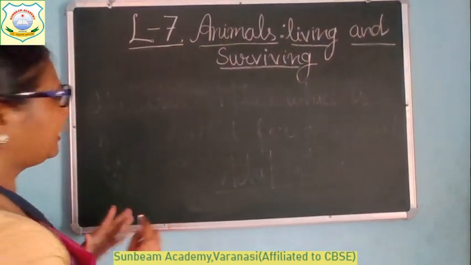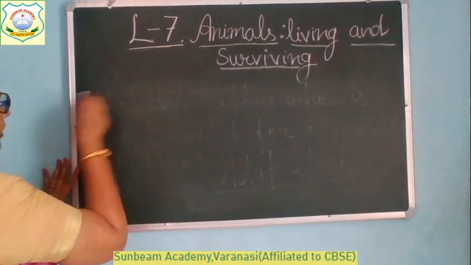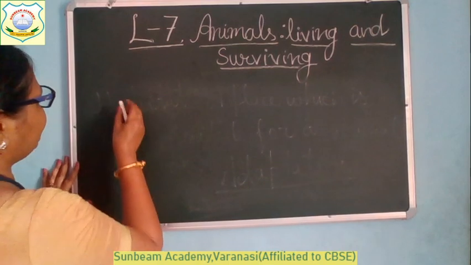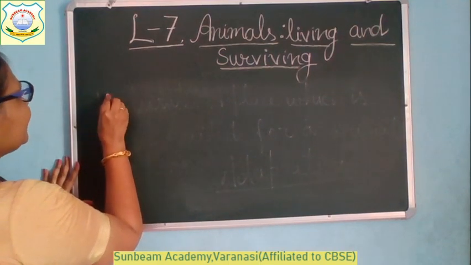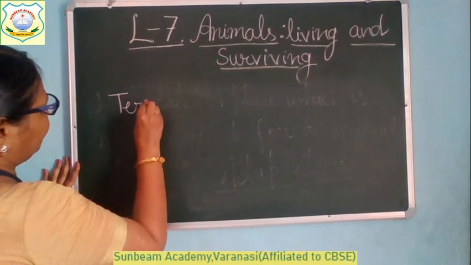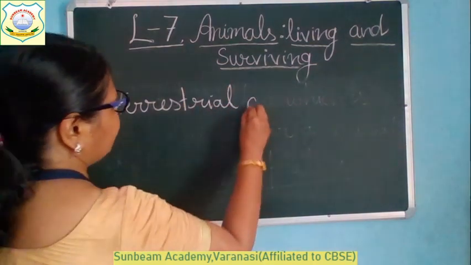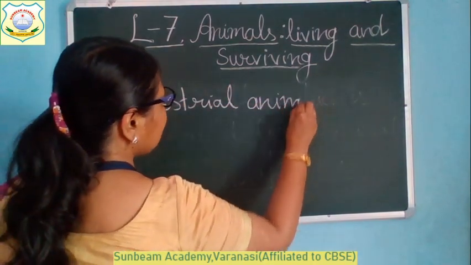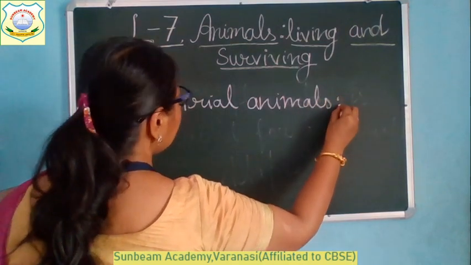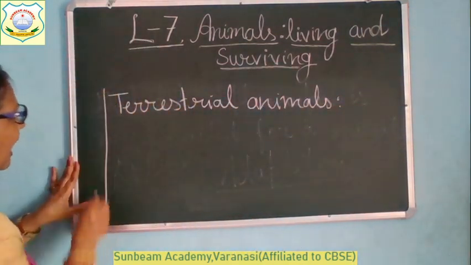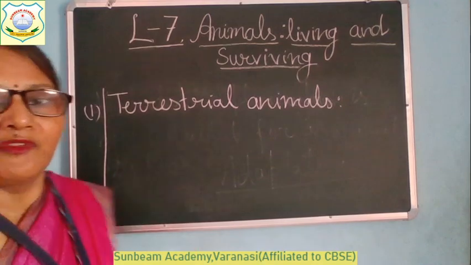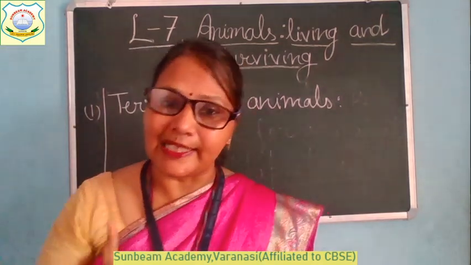We have done the revision of that in our previous class also. Number 1 is terrestrial animals. What are terrestrial animals, beta? Terrestrial animals are the animals which live on land.